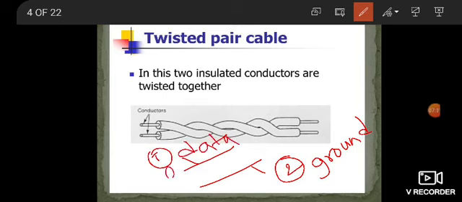Whenever noise occurs, it affects both wires in the same way, and this affects our original data. In order to remove that interference, from atmospheric effects or otherwise, we use a twist. That's why the wire is twisted.